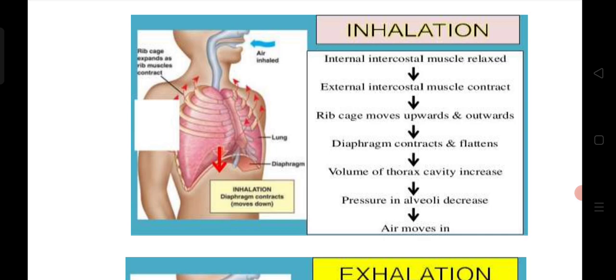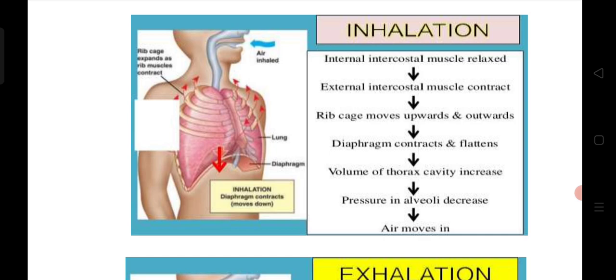The thoracic cavity is the cavity that contains the lungs. So when air is being pulled inside, the thorax cavity, or the size of the lungs, increases and the pressure in the alveoli decreases.